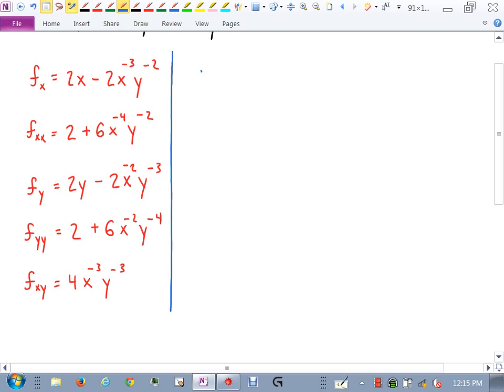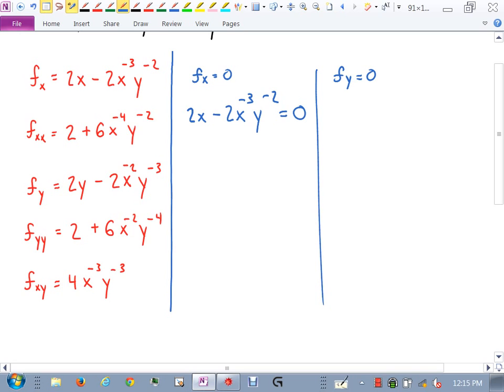So I'm going to take my first partial with respect to x, set it equal to 0. That means I have to take 2x minus 2x to the negative 3, y to the negative 2, set it equal to 0. And then the other one, 2y minus 2x to the negative 2, y to the negative 3.